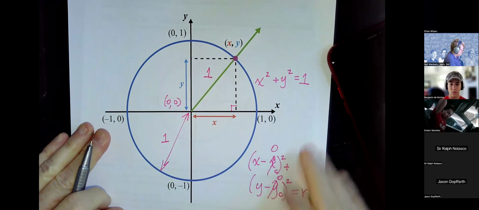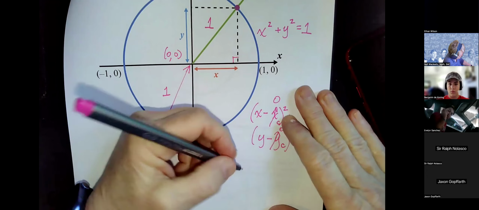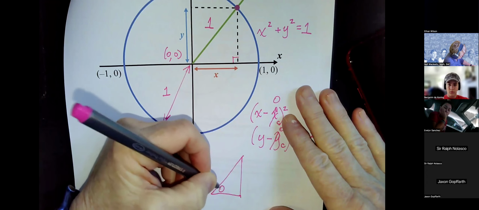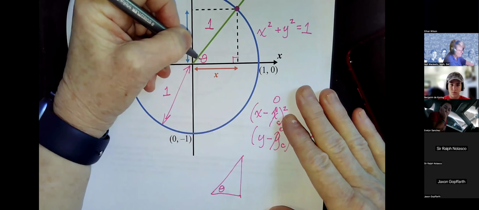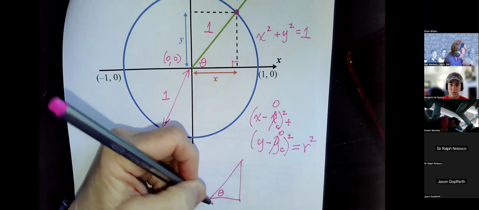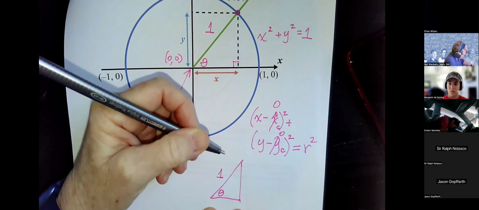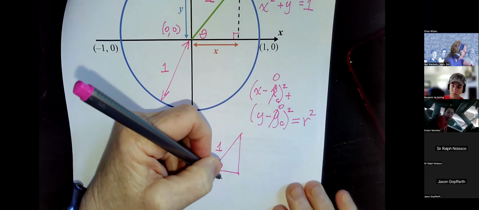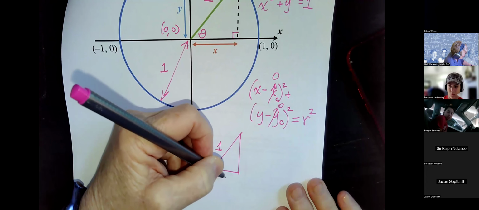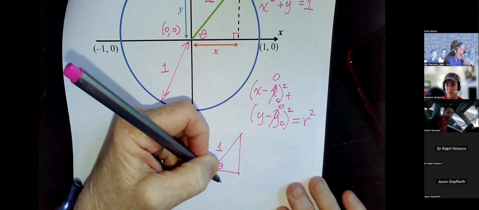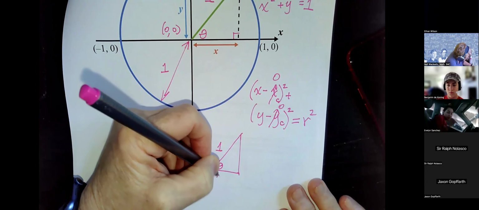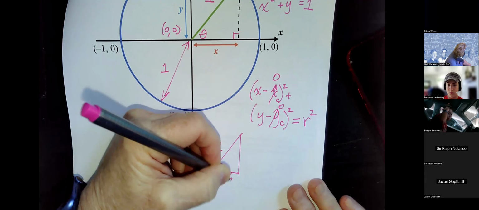Okay, so we're going to always call this lower angle theta. What if x is square root of 3 over 2?